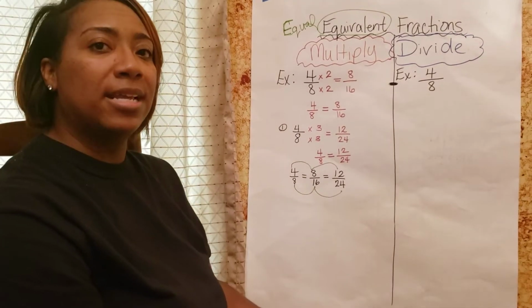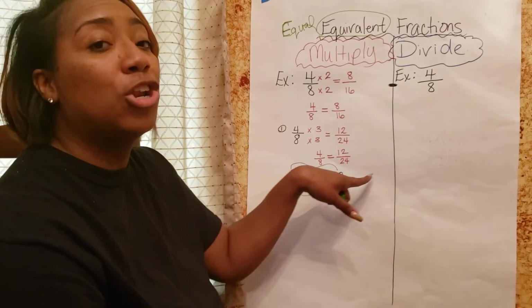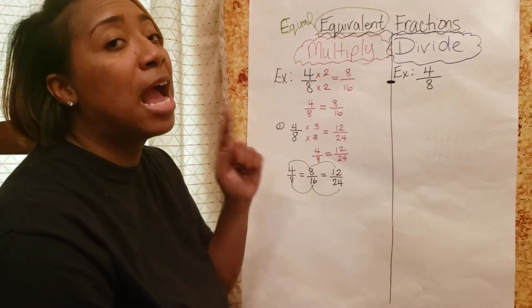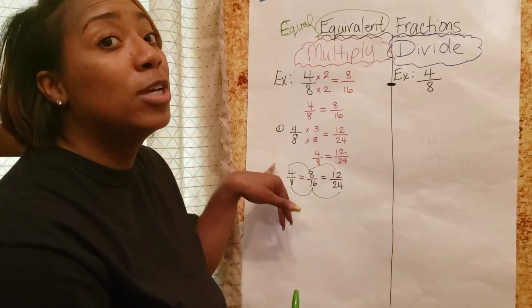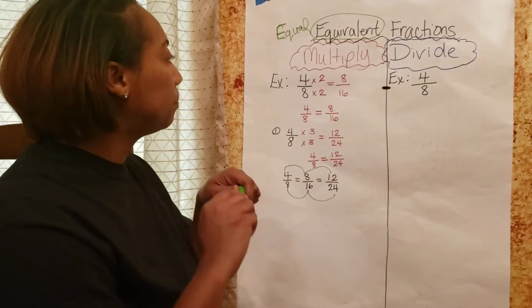Skip counting by 8s. So in your assignment this week, if you pay attention to your numerators as well as your denominators, you should find a pattern in how you're skip counting. I would give bonus points to those who can show me what they're skip counting by in those multiplication problems.